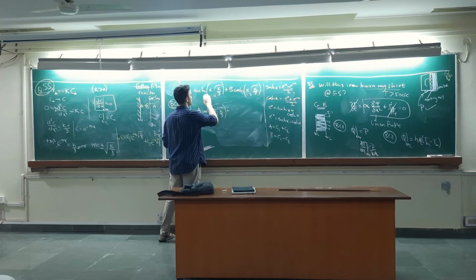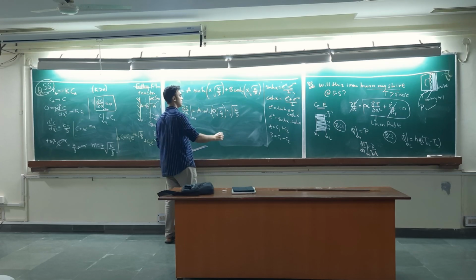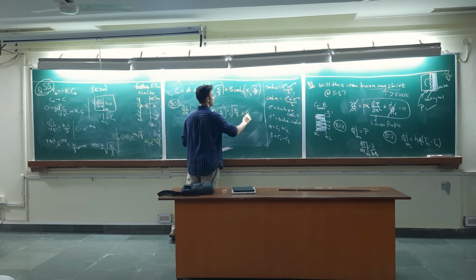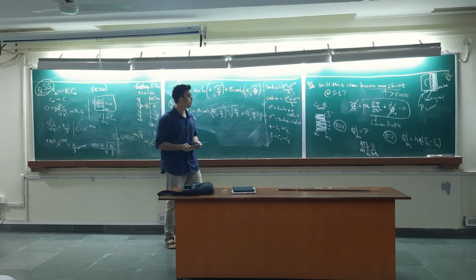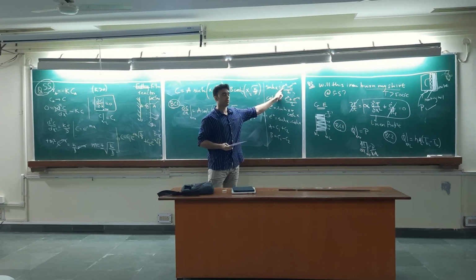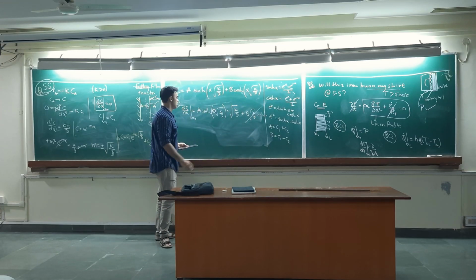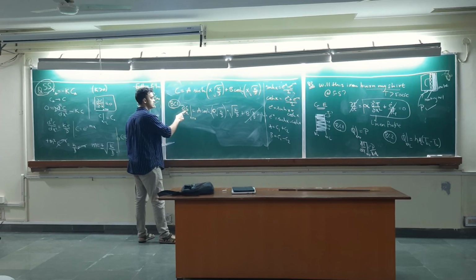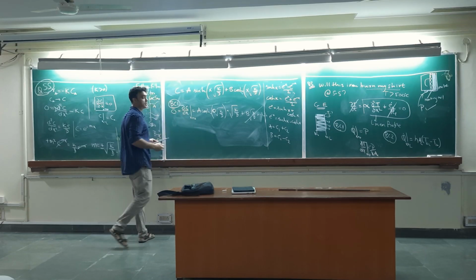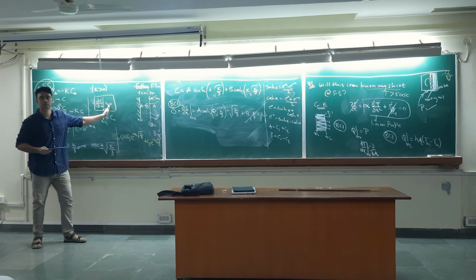Multiplied by √(k/D), plus B again √(k/D) sinh(0). But sinh(0) is 0. You can see it from here also, 1 minus 1 is 0. So this is 0, and this is equal to 0 because this is the boundary condition.